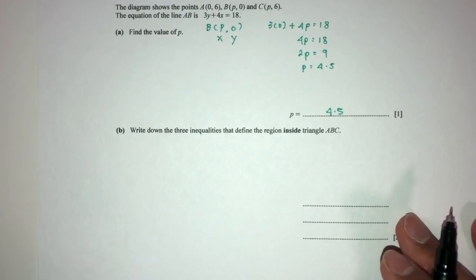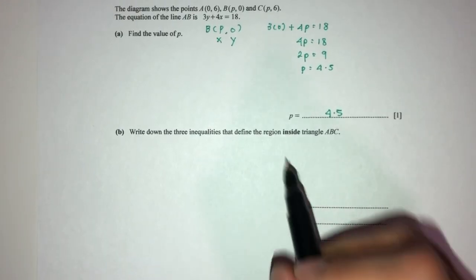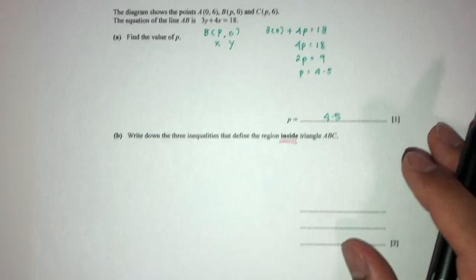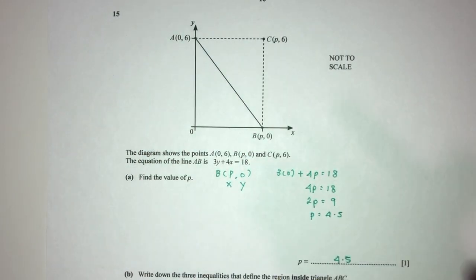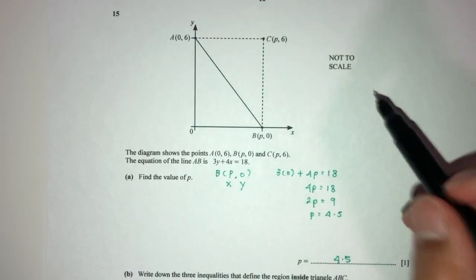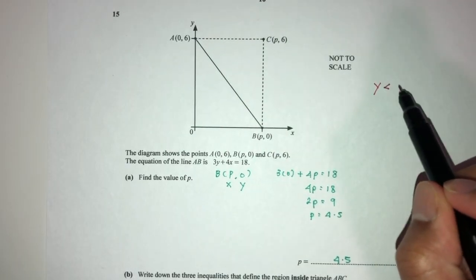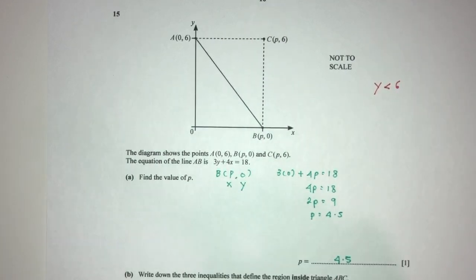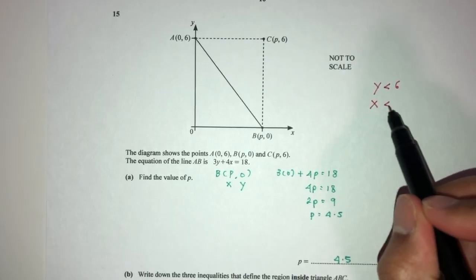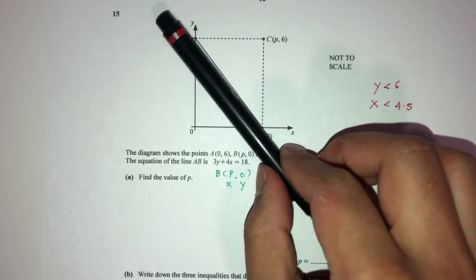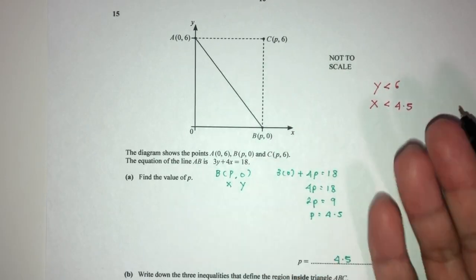Now here we have to write down the 3 inequalities that define the region inside the triangle ABC. First, it has to be inside of this, below this line, so Y has to be less than 6. It has to be on the left of this line, so obviously X has to be less than P, which is 4.5. And finally, it has to be above this one. We can make Y the subject.